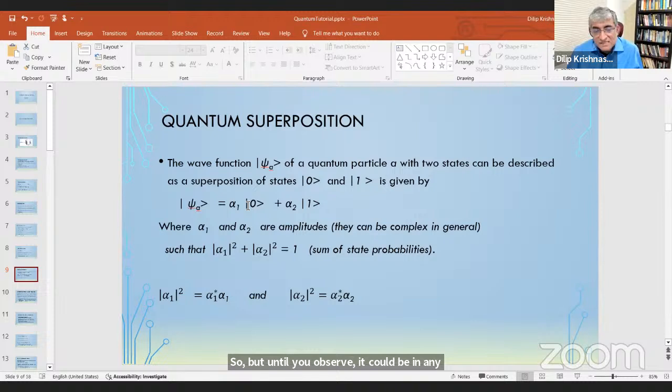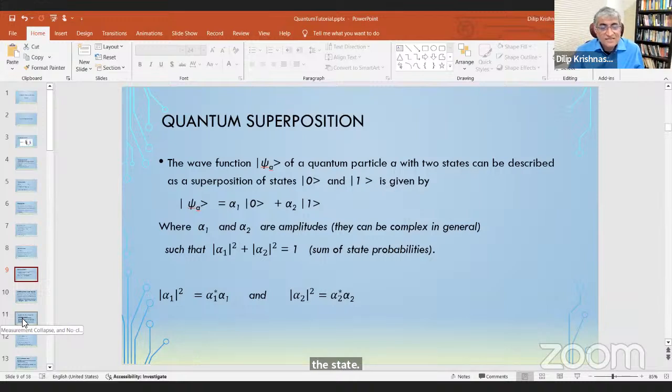And this is the famous Schrodinger's cat problem, where the cat is hidden, and we don't know if it got exposed to a poison vial and whether it's alive or not until you actually observe it. So the measurement causes a collapse of the state. The moment you open the lid to see the cat, then you will know whether it is alive or dead. But until then, you don't know.